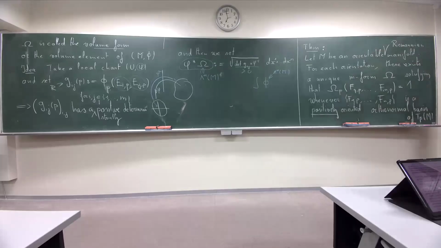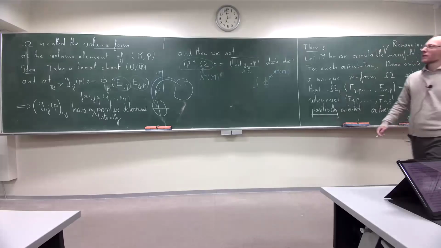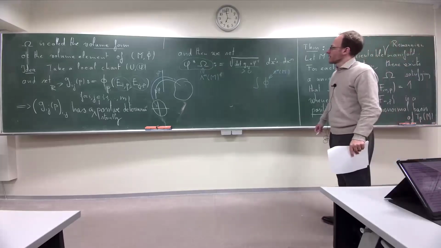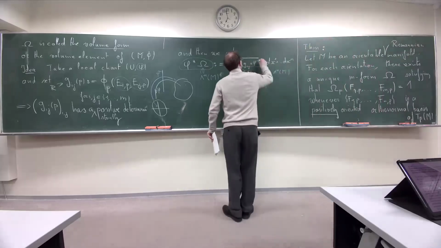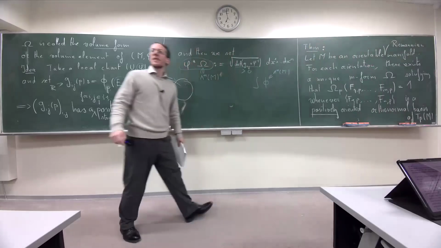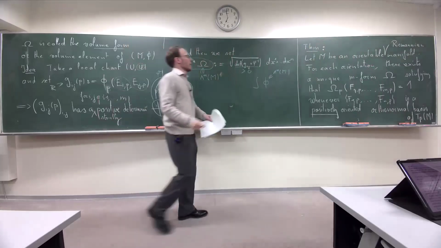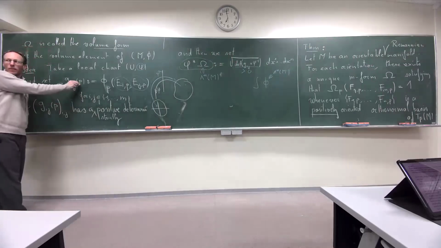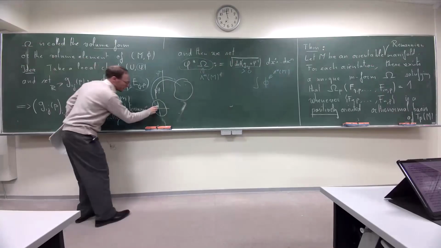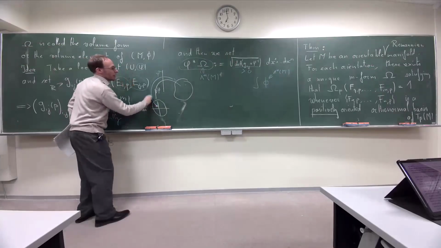No, Gij, be careful. Gij at P is a number. So I first take a point here, I take it back on the manifold.